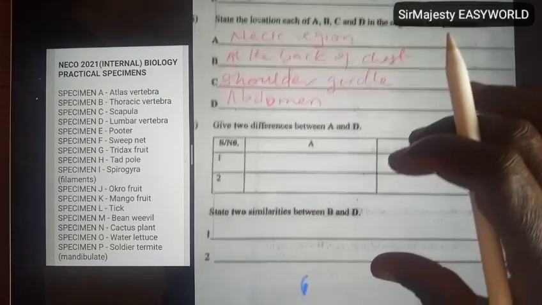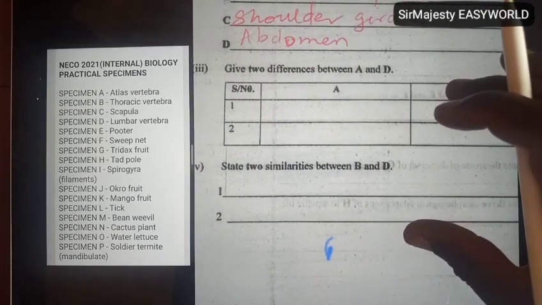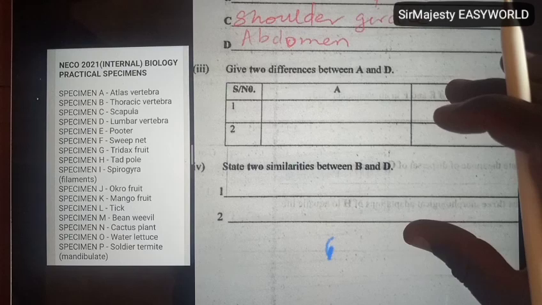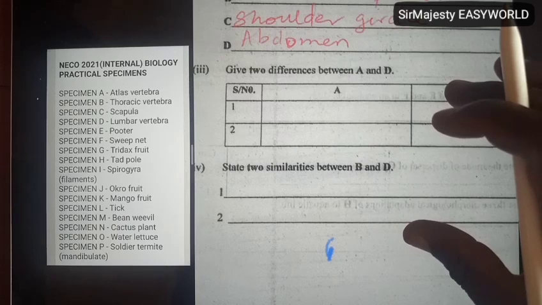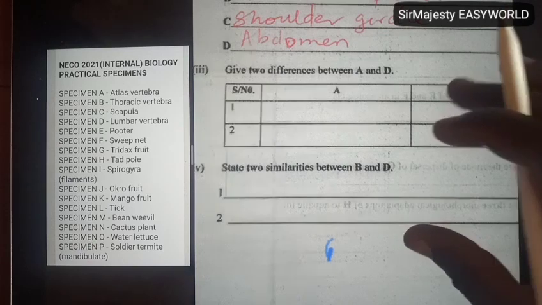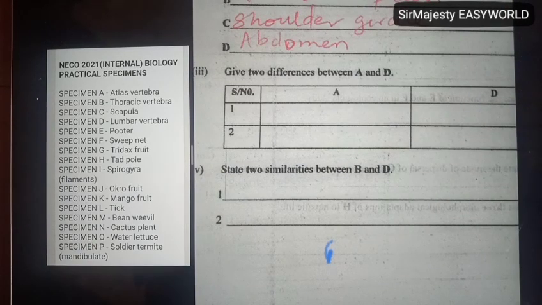Then here you say state two similarities between B and D. Specimen B is thoracic vertebra and D is lumbar vertebra. Presence of neural spine or spinous process, presence of neural canal in both, presence of a centrum in both. There are many things you can put there. Both possess spinous process or neural spine, neural canal, centrum, and transverse process.